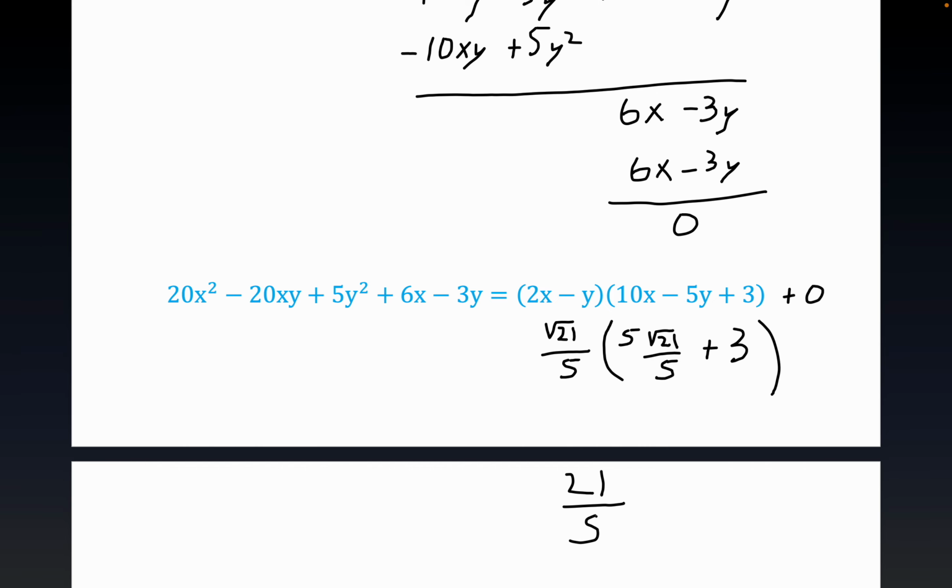Again, right here, these 5s cancel. You still have root 21 over 5 out here. So you're left with the square root of 21 times the square root of 21, which is 21 right here. And then we still have to distribute this to this term right here. So that would be 3 root 21.